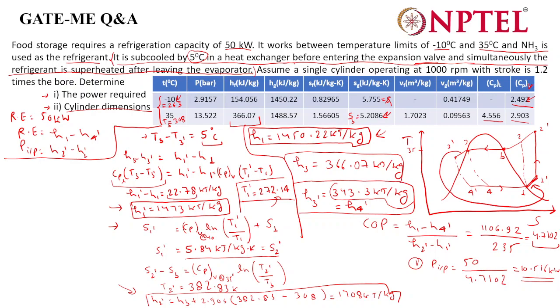So any idea for this, because this is the first problem we have got of this type, right? Because COP and all we are finding from 3-4 problems we have done, but any idea how we can start? By finding mass.